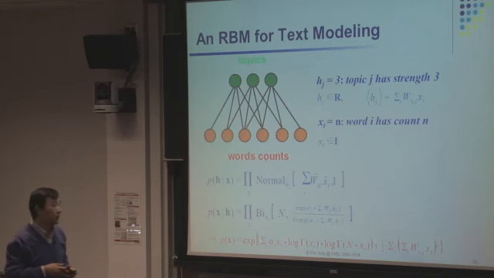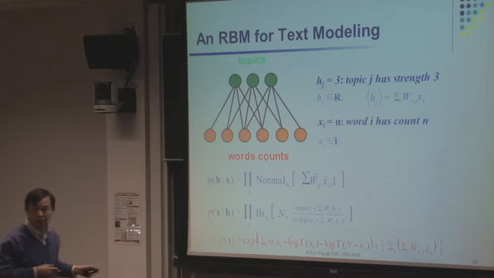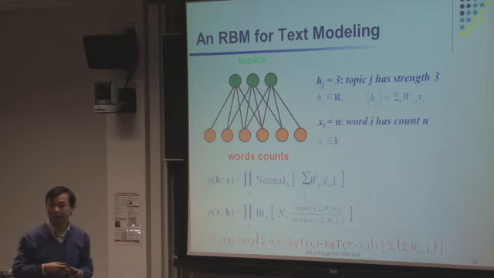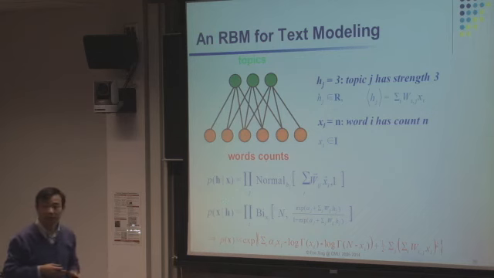And then you can analytically derive the value of the parameters in this joint distribution of the hidden and the observed variable under an RBM. Okay, the potential functions used in this joint distribution can be directly obtained from the way you define your conditional, and the weights can be calculated in a closed form.